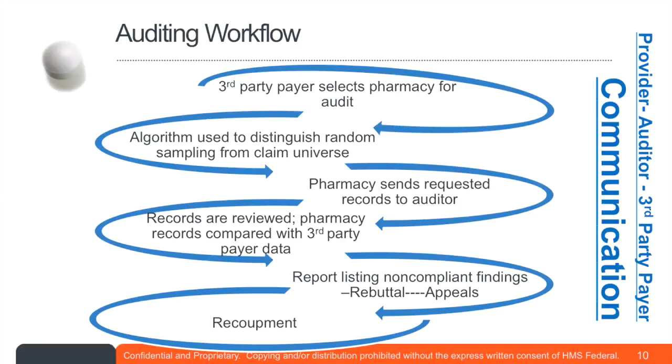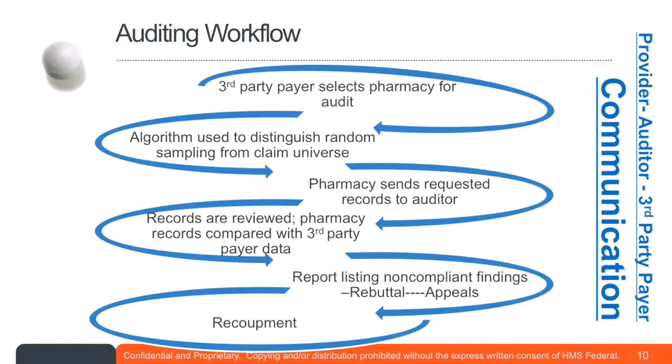So the pharmacy can say, oh, you know what, I left out this record, I do have that information and here it is, that's part of the rebuttal. Or the pharmacy may say, well, I had prior authorization to bill for that, here's my prior authorization documentation. So once the findings are there, the pharmacy does have the opportunity for rebuttal.